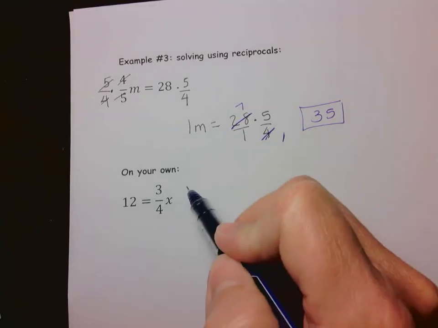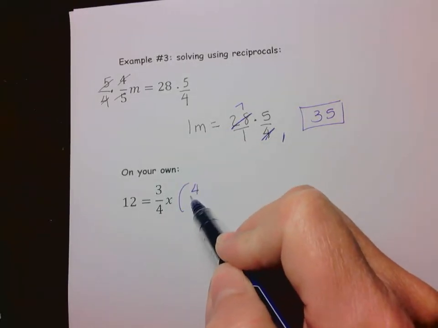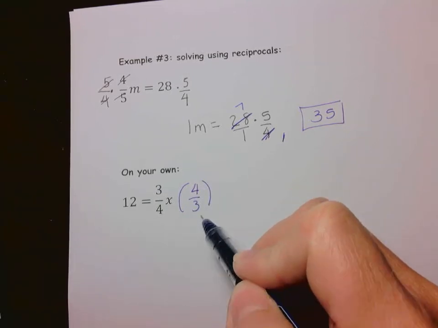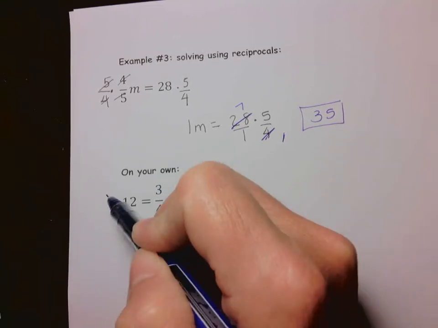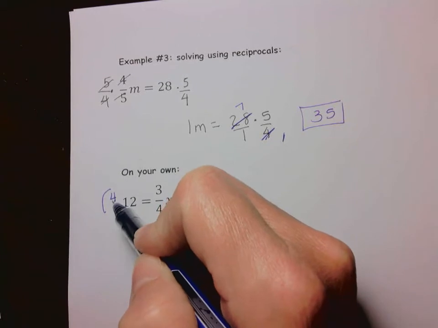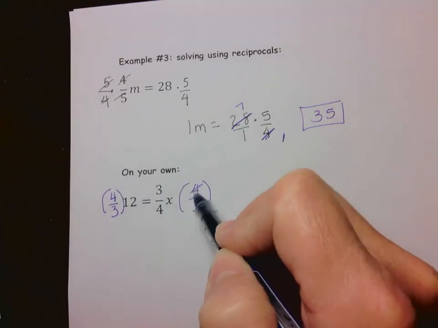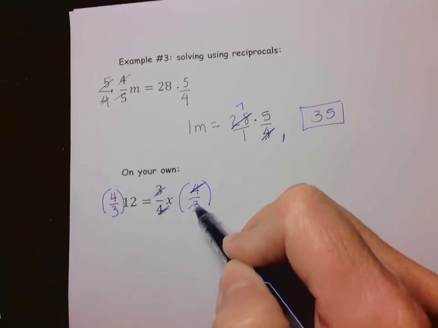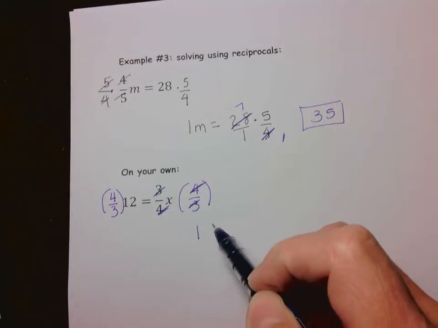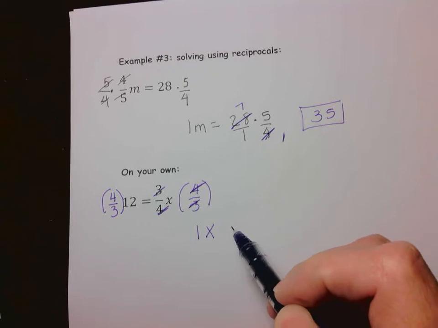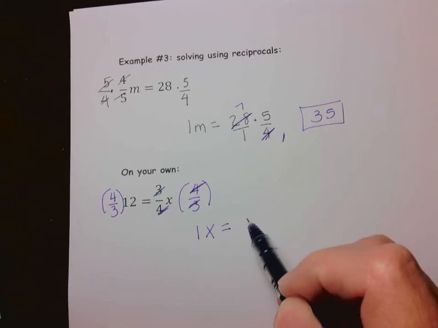Okay, I want to go ahead and work it out for you so you see what I'm doing. I have 3/4 times x, so I'm going to multiply both sides by 4/3. Now when I do that, I can cross reduce over here and I get 1x, which is my goal, to get the variable by itself on one side with a coefficient of 1.